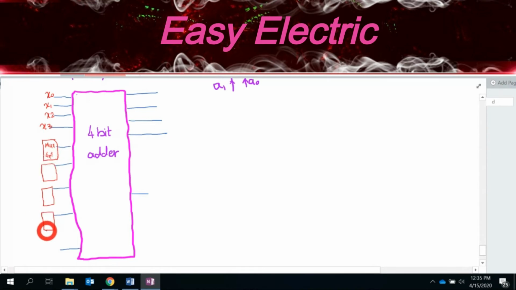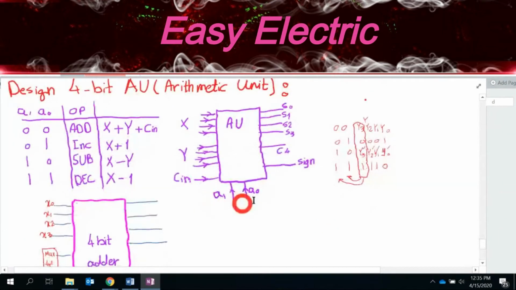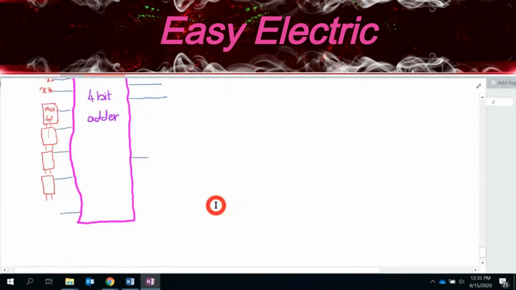What should be connected to the address bits of these? You tell me. Definitely, who tells which input should be connected? This is A0 and A1, right? So you need to connect A1 and A0 for all of them, okay?